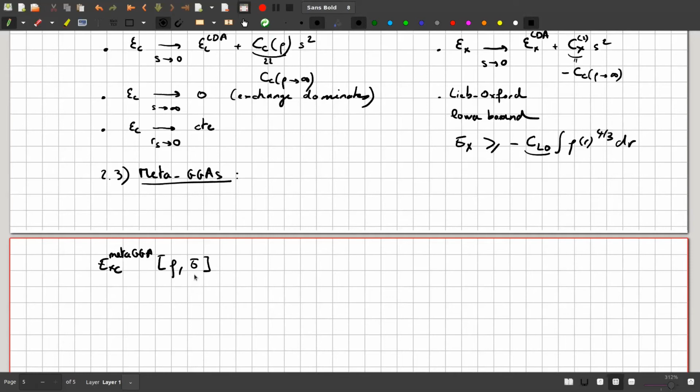At the beginning of DFT, people used to build exchange and correlation functionals separately, but after some time, most of the time they build them, well, not independently.